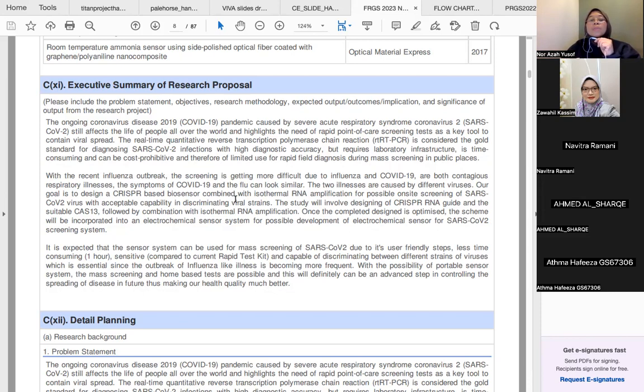So it's quite difficult to discriminate these virus strains. So I'm addressing two problems at one time by using this approach.